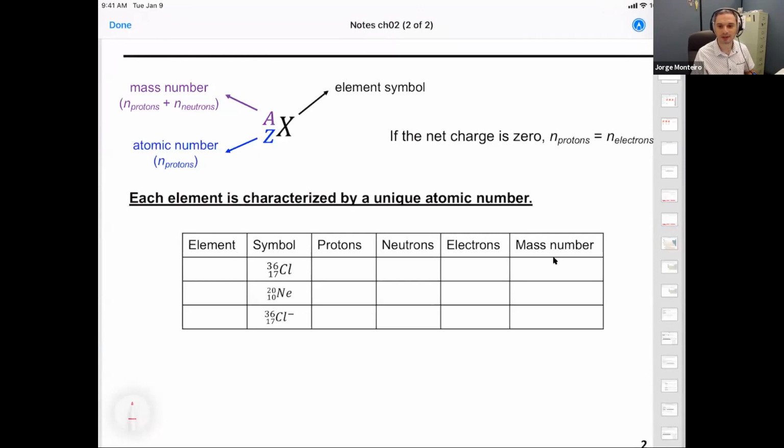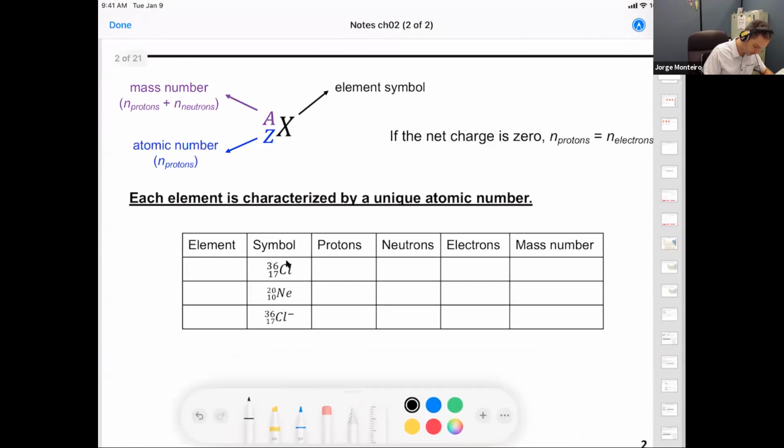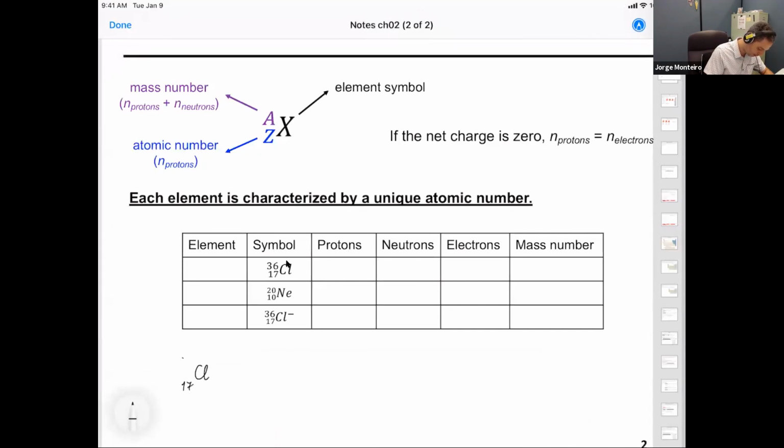Okay, so let's fill up this table with the information that we need to put here. The only information I'm giving you is that for this element, the symbol is Cl. We have 17 on the bottom left corner, and 36 on the top left corner.